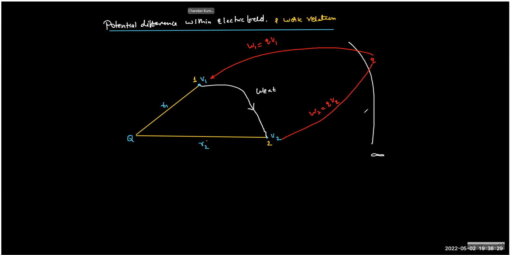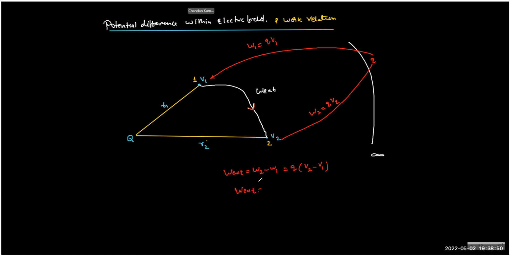So what is the work if you go from 1 to 2? The work done must be the difference between the energies. So it's 2 minus 1, which is simply Q into V2 minus V1, final value minus initial value.